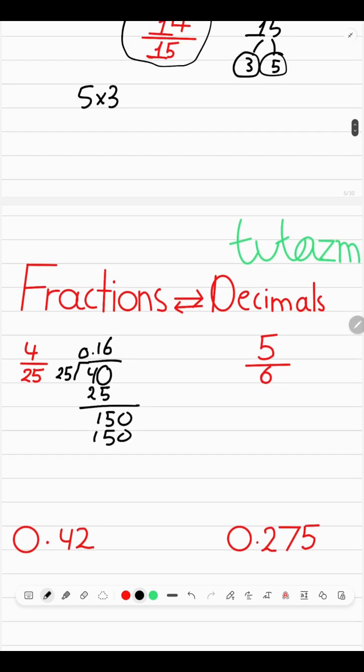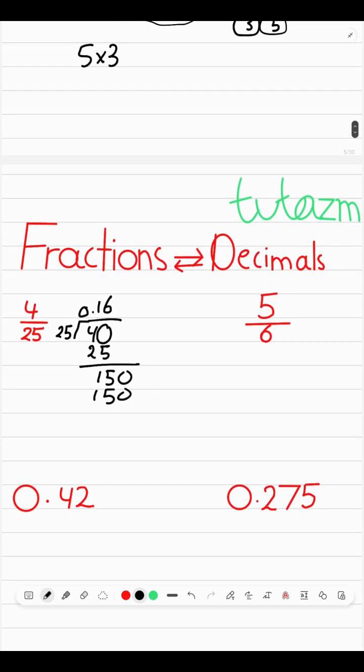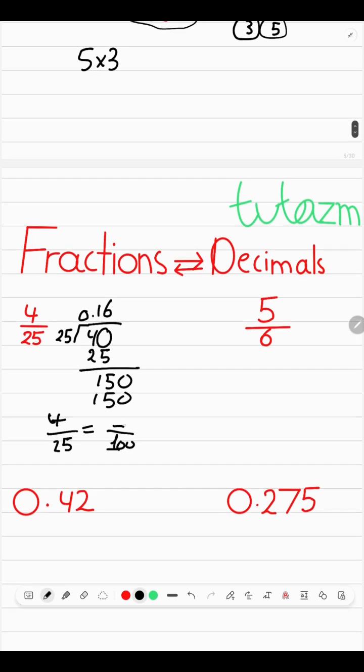An easier way of doing this is if the fraction is a terminating decimal, we can just turn the denominator into a power of 10. So 4/25, we can multiply the 25 by 4 to get 100, and then we'll multiply the 4 by 4 to get 16.